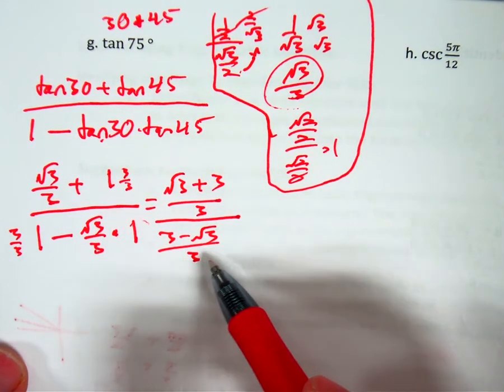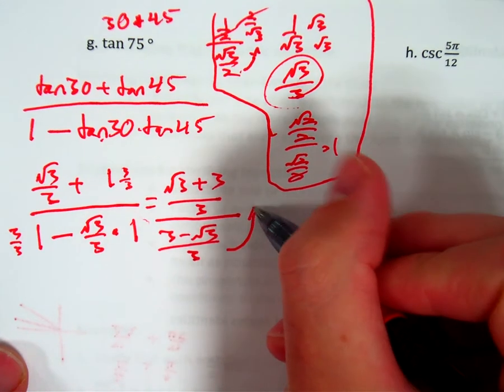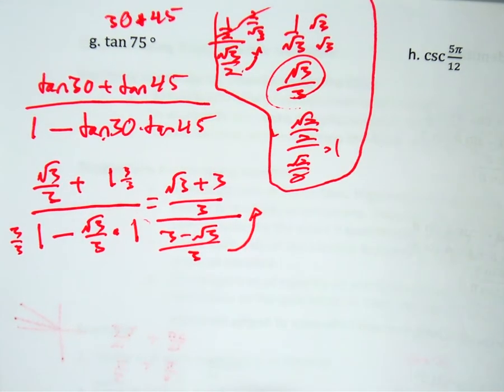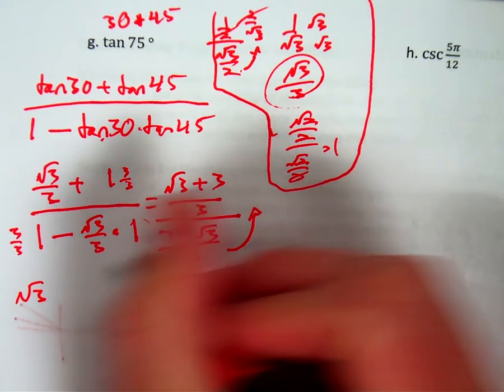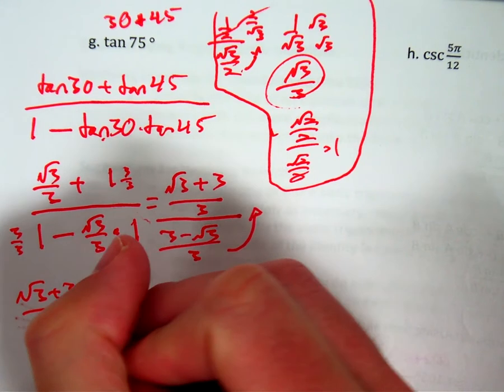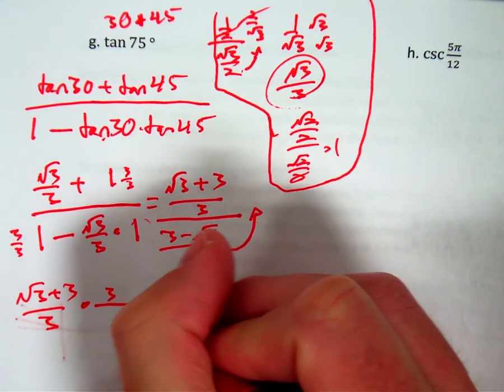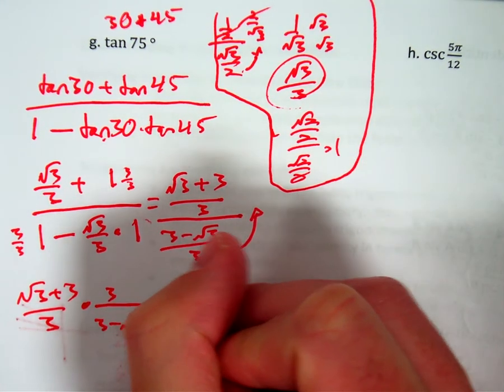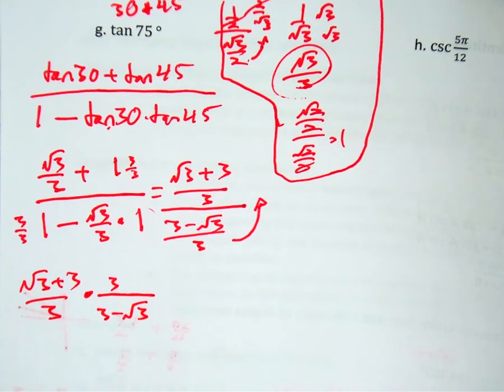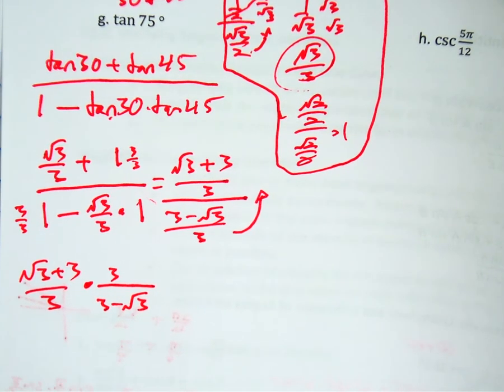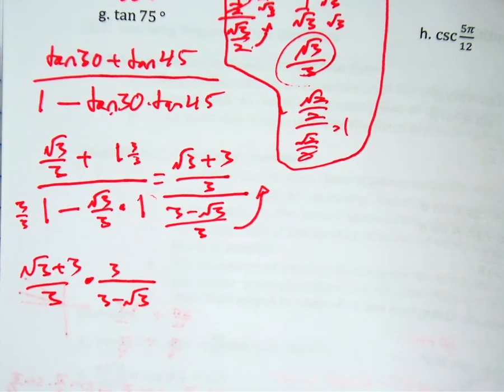Fraction divided by fraction. We're going to multiply by the reciprocal. So we're going to have radical 3 plus 3 over 3 times, flip this one, 3 on top, 3 minus radical 3. Okay, now on recent quizzes, I've seen some of us get a little cancel happy here.